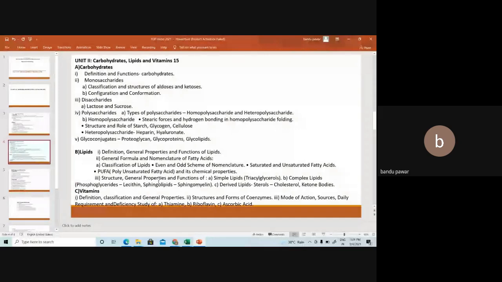The next point from the second unit is vitamins. There are two types of vitamins: one is water soluble and another is fat soluble.